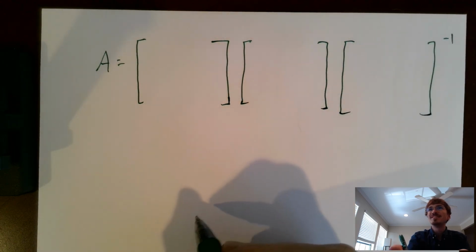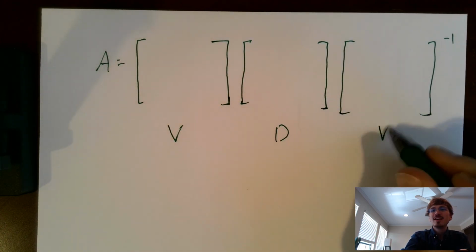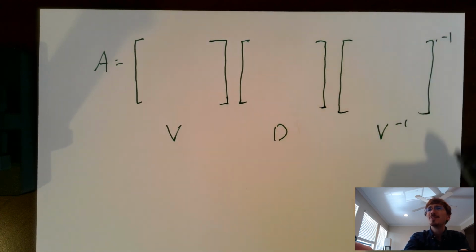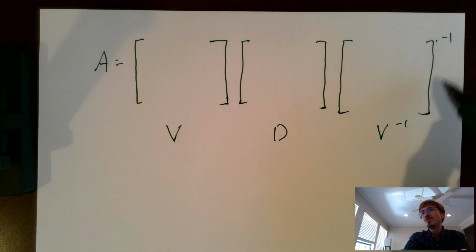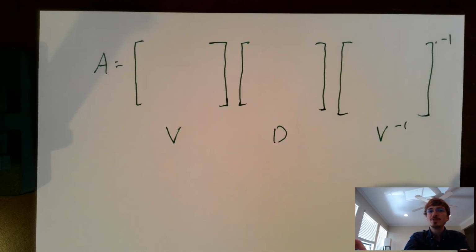I'm going to be lazy. I know this will be V, here's D, and here is V inverse. I'm just going to put V again here and leave it as the matrix inverse, because I know that we all know how to compute the inverse of a 3 by 3 matrix.